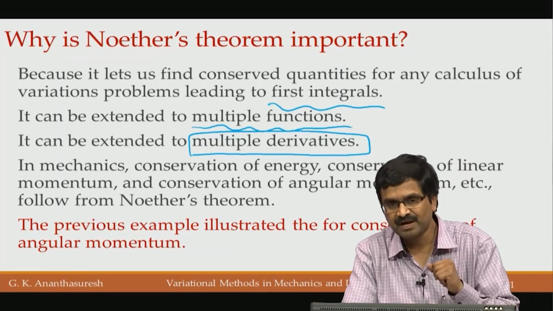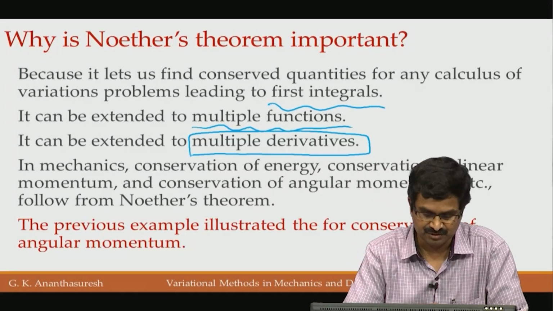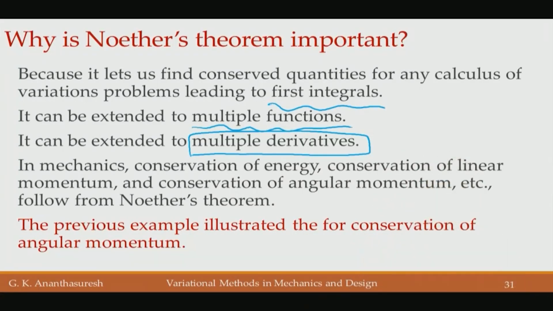First we take only y prime and then y double prime, y triple prime and so forth. The same thing can be done here as well. In mechanics, it leads to conservation of linear momentum, conservation of angular momentum, and conservation of energy we have already seen. This previous example showed us how to do this for conservation of angular momentum. That is why Noether's theorem is important from the viewpoint of mechanics.